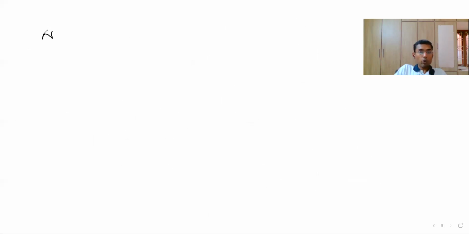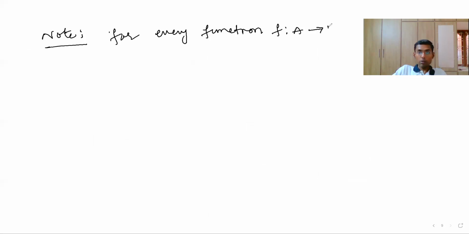So you know that for every function f that maps A to B, f inverse exists. What does it mean?